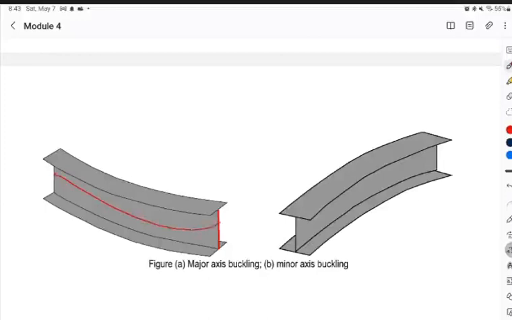Kapag naman minor axis, pag ganyan. I hope you can imagine. The major axis natin for this is the x-axis.